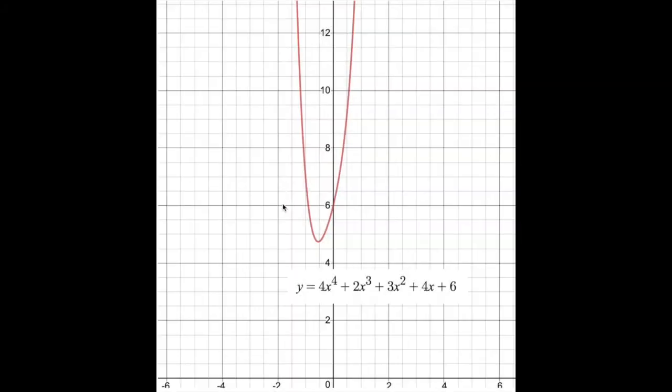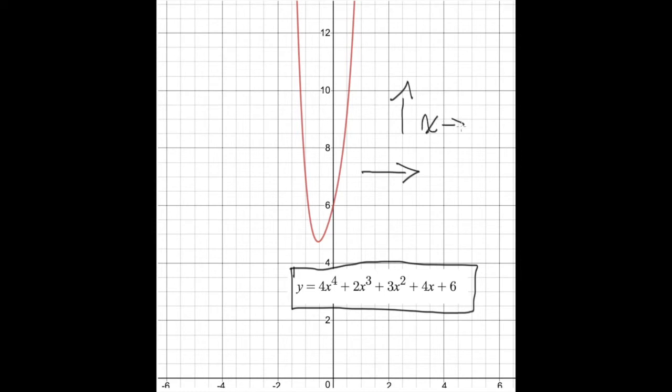Okay, now we're on to the fourth order equation. What you notice about the end behavior here is that as x gets increasingly large, y also gets increasingly large. So we write this as x goes to positive infinity, y goes to positive infinity.